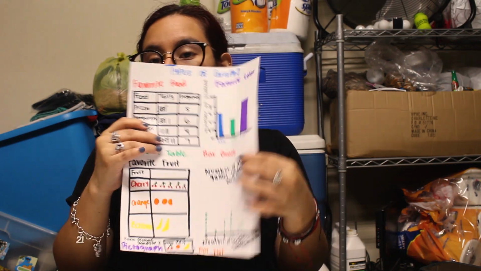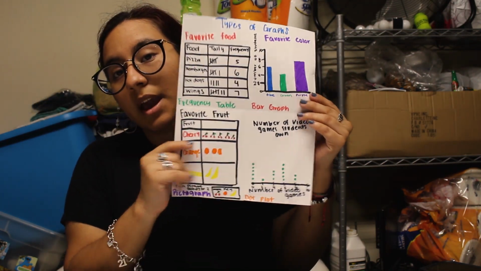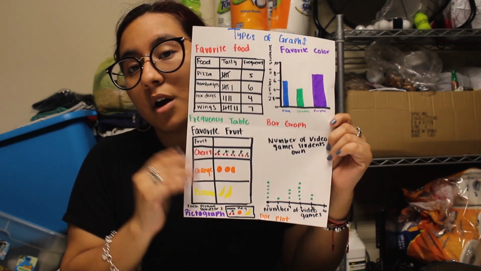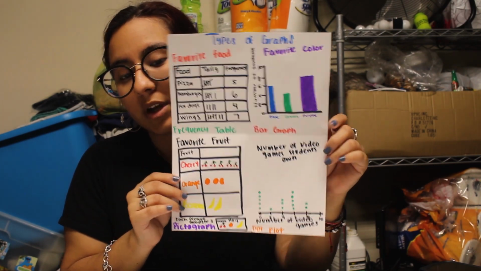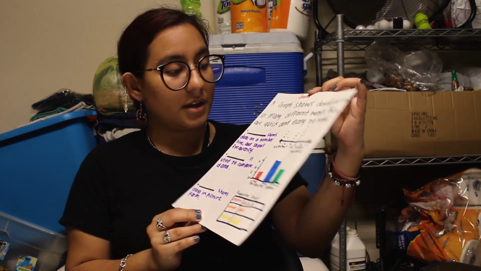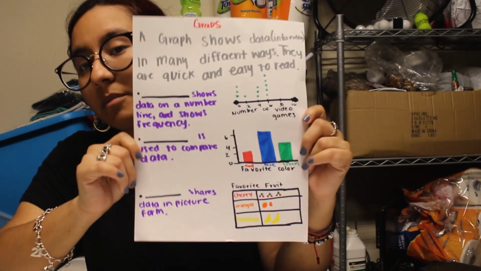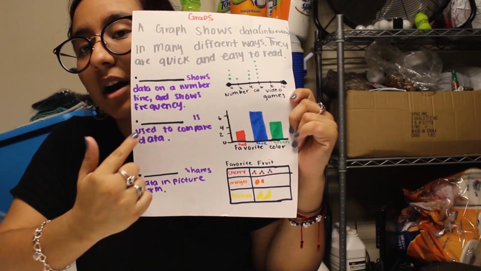We will be working with two anchor charts. This one is the types of graphs, which is already pre-filled, and they will use it to write down notes in their notebooks for further reference, or if they just need a little refresher. On this other one, we have graphs with some information, but it's missing a couple of things.